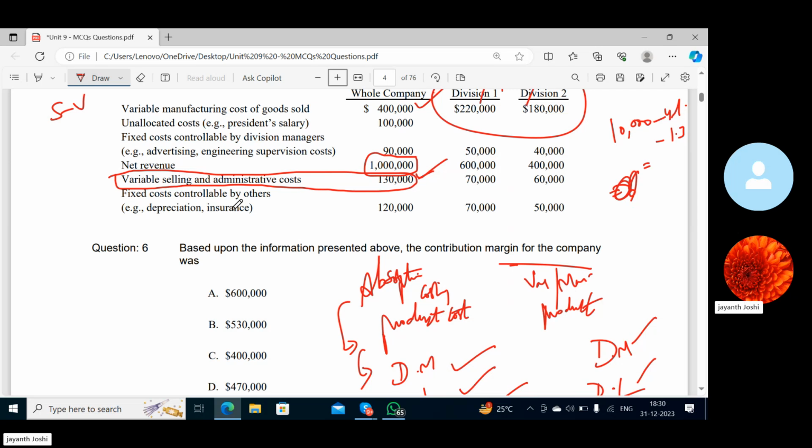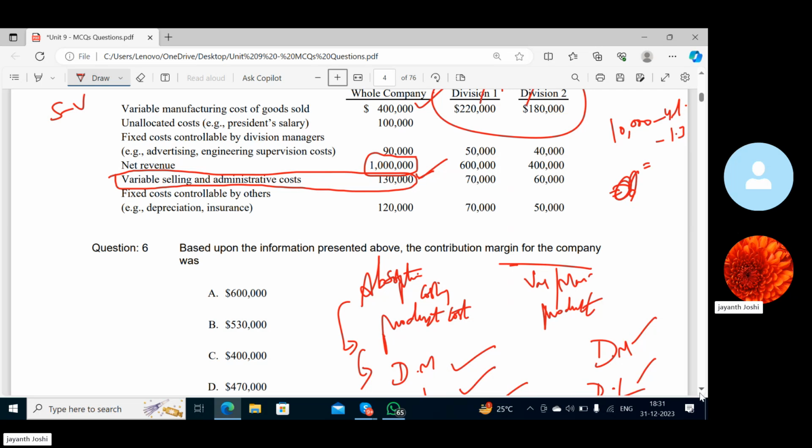So we are taking net revenue minus variable cost, variable COGS, and variable selling and administrative overheads. They are not showing any separation.